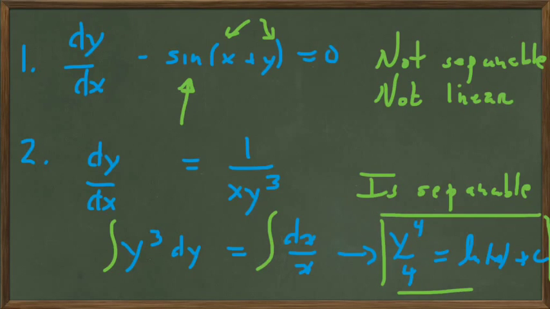We put a plus c when we write the solution on just the right hand side. We would actually get a plus c on the left side and a plus c on the right side, but we combine that together to one plus c on one side. And if we take this differential equation and solve it for y, we get y to the fourth equals 4 ln absolute value of x plus 4c.